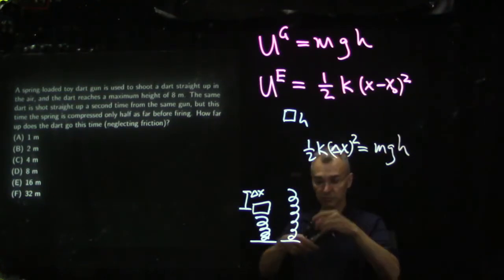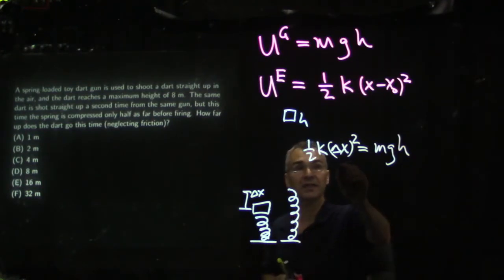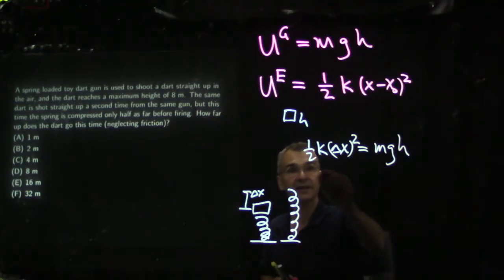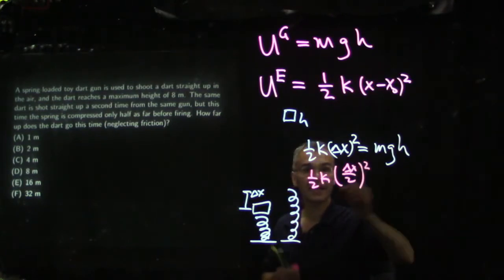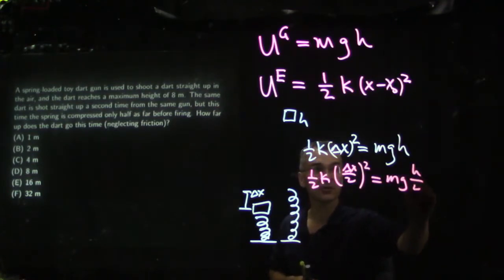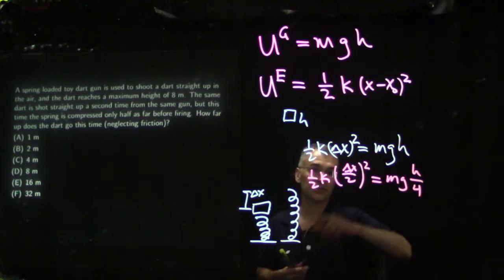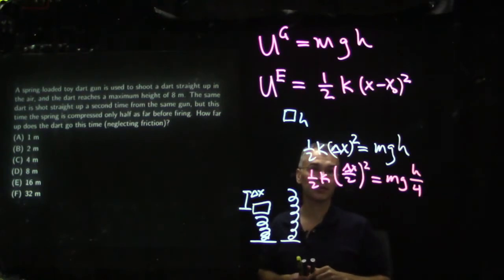And if it's the same spring, but we compress the spring only half as far, then we would have 1/2 k, and then delta x over 2. We're compressing only half as far. And what do we get on the right side? This is going to turn out to be mgh over 4, because you take the 1/2 on the left side squared and you get a 1/4 on the right side to make everything equal.